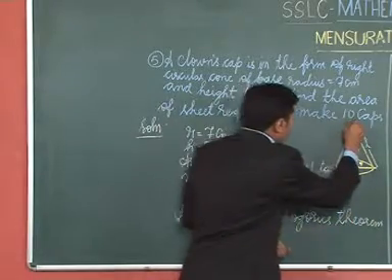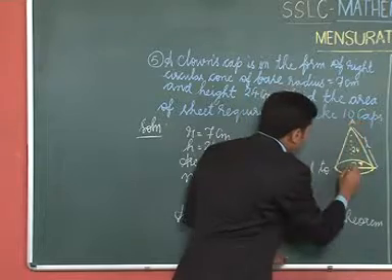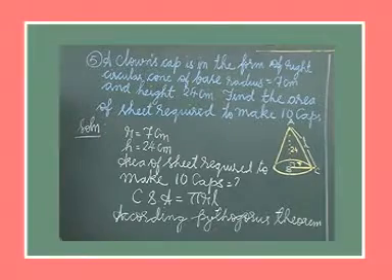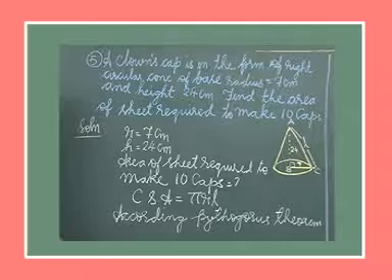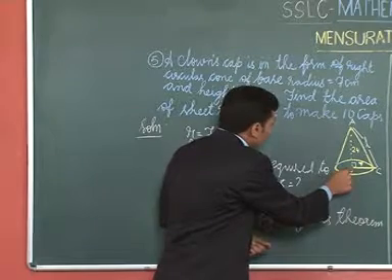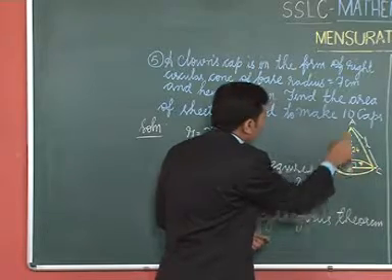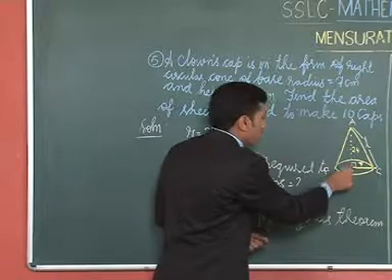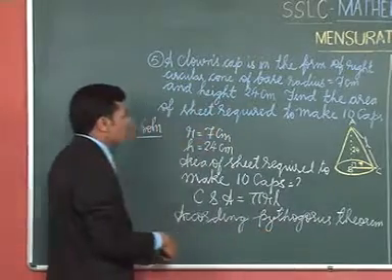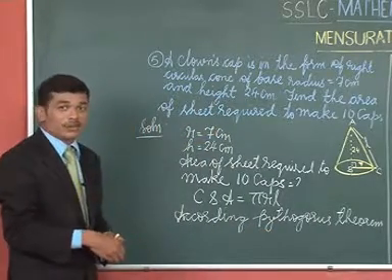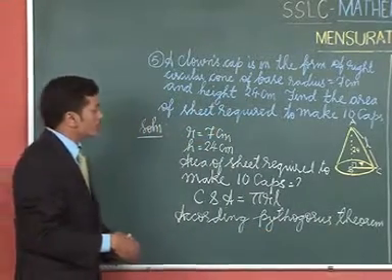Let us name it for convenience. Let us name it A, B and C. So in this right angled triangle ABC, it is right angled at B and AC is the hypotenuse, BC and AB are the two other sides. So now let us substitute the values in the Pythagoras theorem.